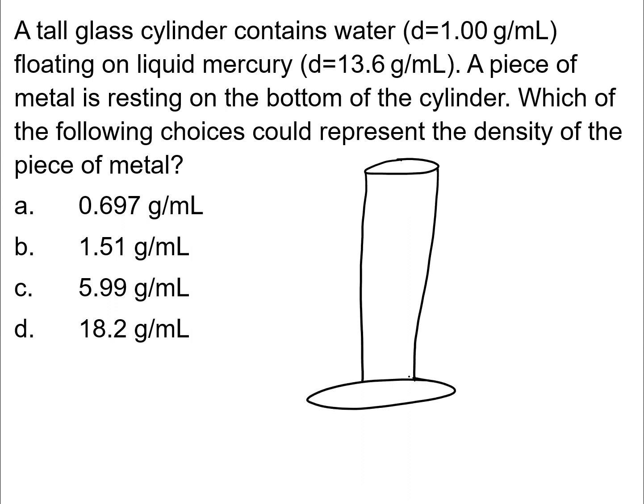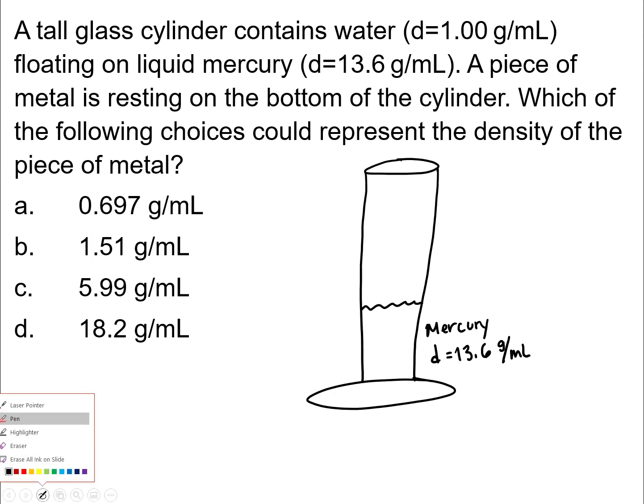There's my sad graduated cylinder. It's got mercury in the bottom of it. And the density of mercury is 13.6 grams per milliliter. On top of that mercury is some water.